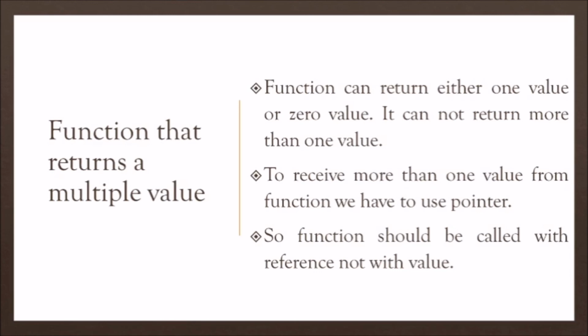Okay. So the function should be called with reference, not with value. Okay. So you cannot directly return more than one value. If you want to return more than one value, then you have to use pointers. Okay. So these are the different 5 categories.